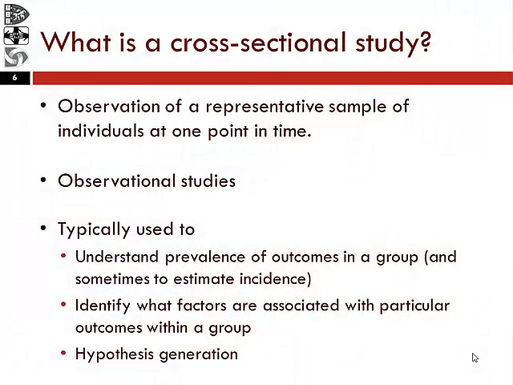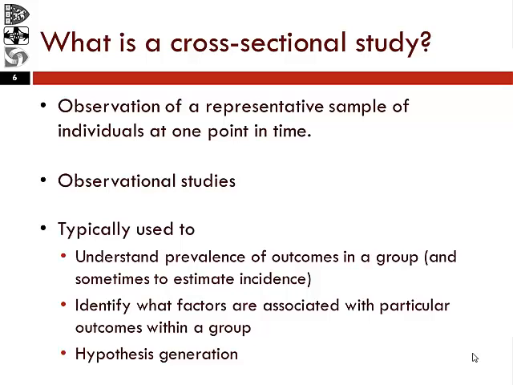And this can be used for three things. One is to look at prevalence or incidence of either outcomes or exposures. Another is to look at relationships between certain exposures and certain outcomes. And then the third is to generate some ideas of what we think might be areas that we want to study further.